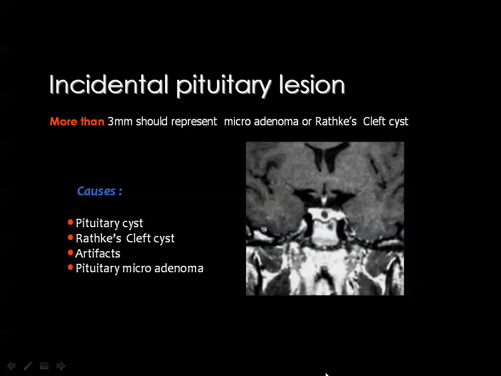But according to the clinical picture and laboratory findings, you can differentiate the cyst from the pituitary microadenoma. Sometimes you are able to do this, but we used to diagnose lesions within the pituitary gland as microadenomas until proved otherwise.